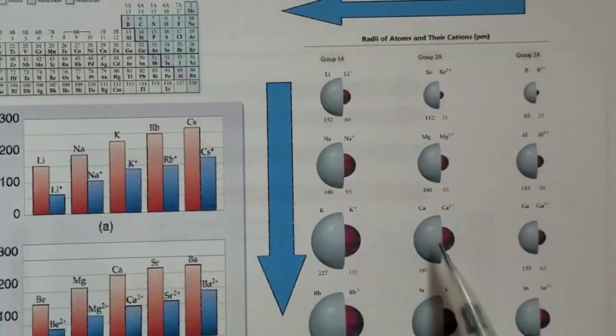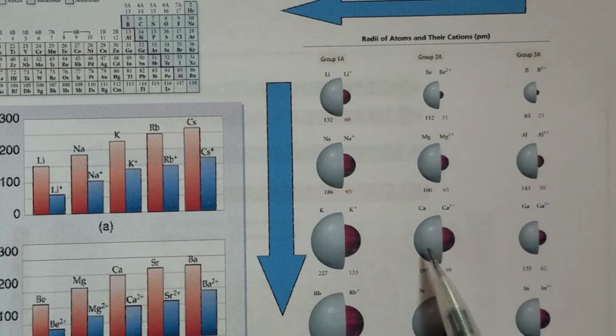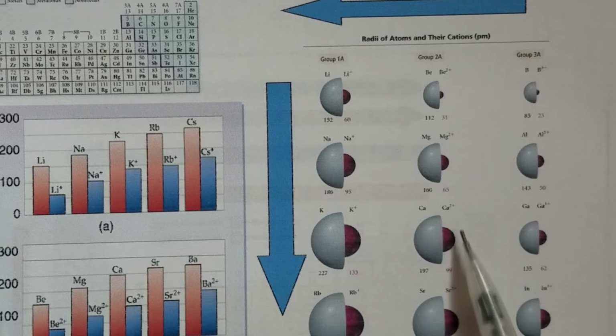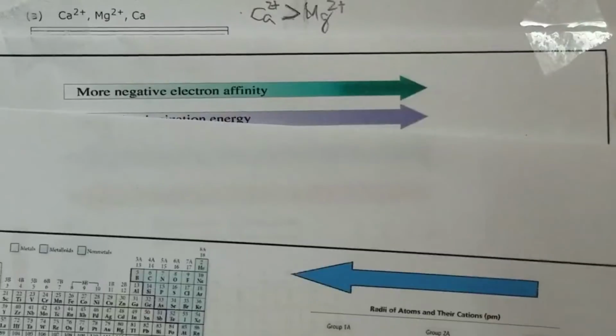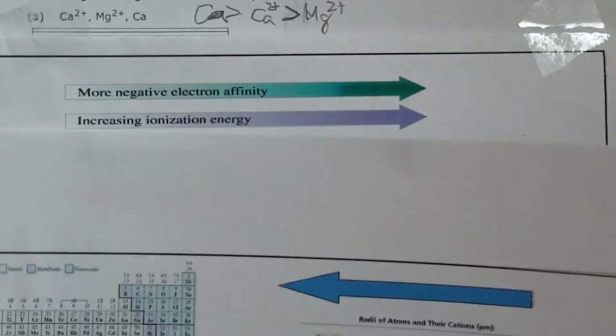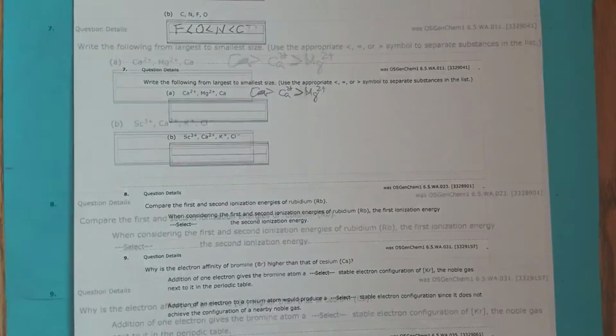So that's a calcium atom. And here, the small red one is calcium 2 plus, the ion. So now we know calcium should be the largest one among the 3. Yeah, that's question number 7.